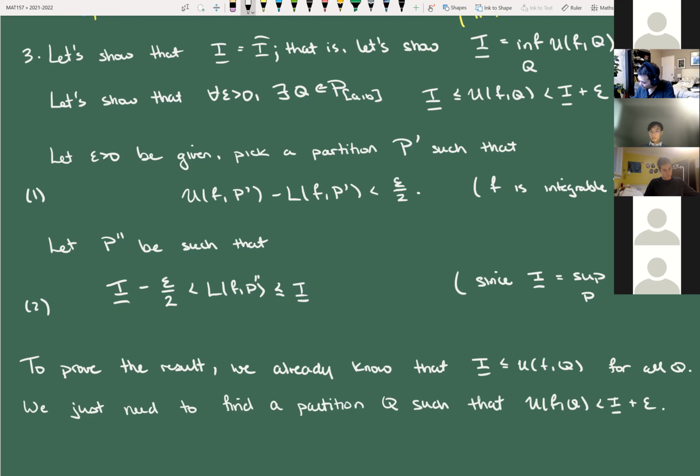That's this part. So we're saying this part is always true. So let's prove this part. And the way that I am going to do that is basically just to combine 1 and 2.